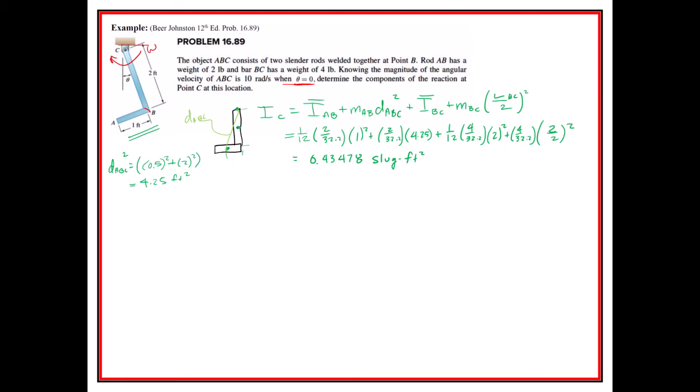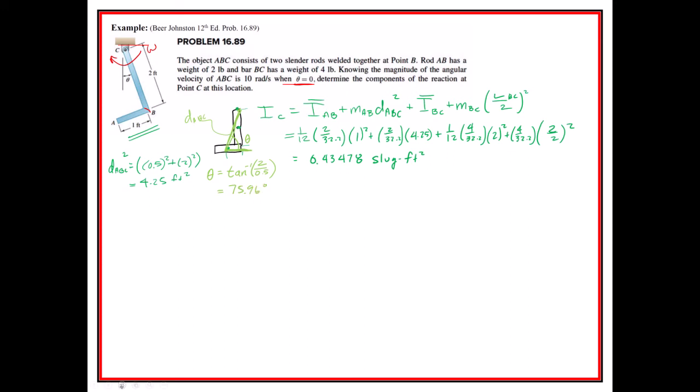Something else I might want from the geometry to use later is to find this angle right there, the angle that is formed by this distance and the horizontal. That's going to be the inverse tangent of the rise, which is 2, divided by the run, which is 0.5, and we end up with 75.96 degrees.